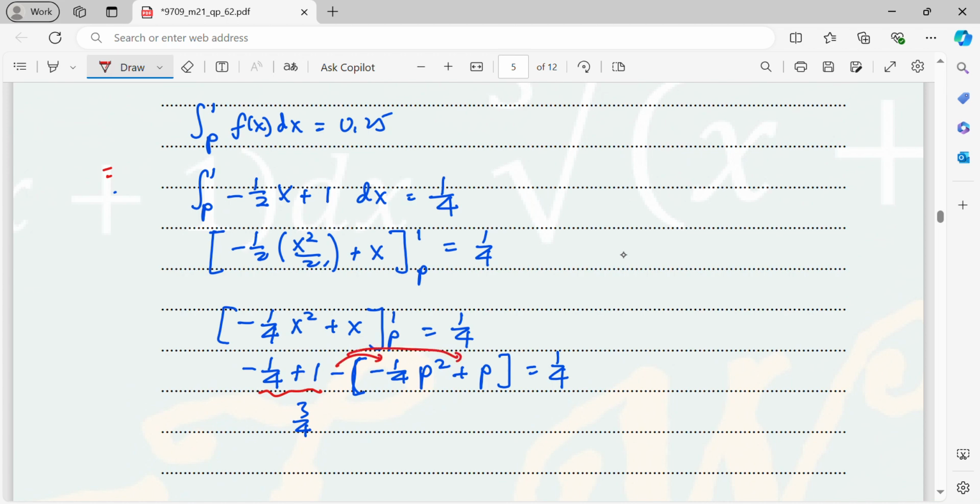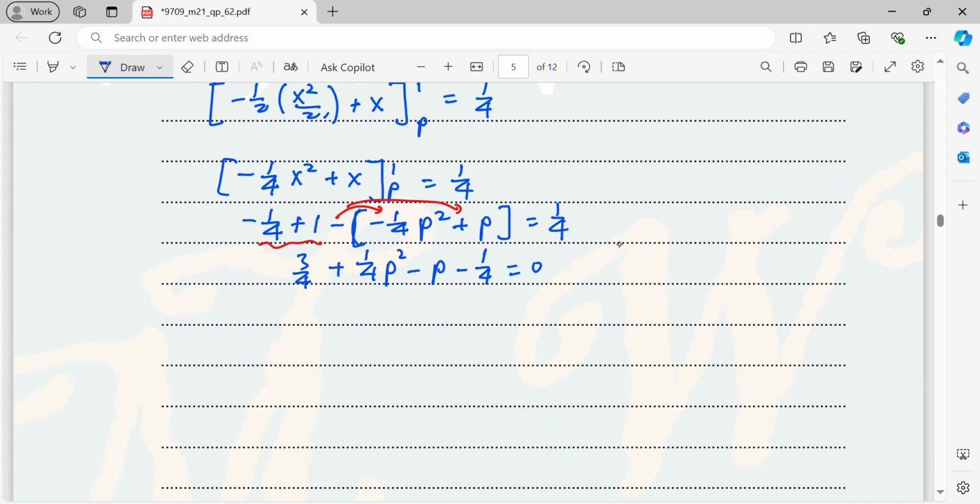So the next term is going to be plus 1 over 4 p squared, then minus p, after that equals 1 over 4. The 1 over 4 moves to the other side, so negative 1 over 4. Now here I will be getting 3 over 4 minus 1 over 4, that is 2 over 4, then plus 1 over 4 p squared, then minus p equals 0.